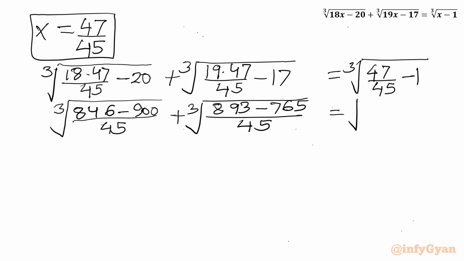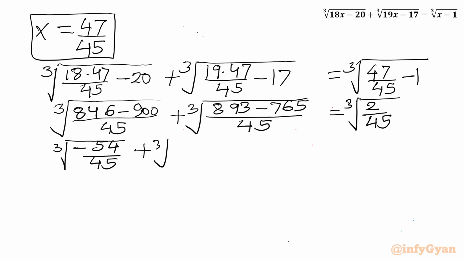Right hand side, if I write here, then it would be 47 minus 45, so 2 over 45. Now here I will write cube root of 846 minus 900, minus 54 over 45, plus cube root of 893 minus 765, it would be 128, divided by 45.